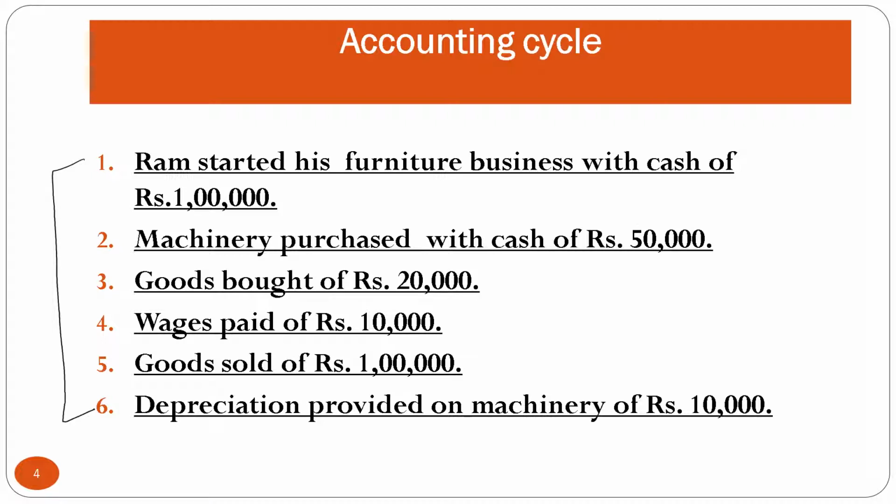Ram started his business of furniture with cash of rupees 1 lakh. So the two effects are, number one, the 1 lakh rupees has been invested in the business as capital. Capital is a personal account. When capital is brought into the business, capital increases.